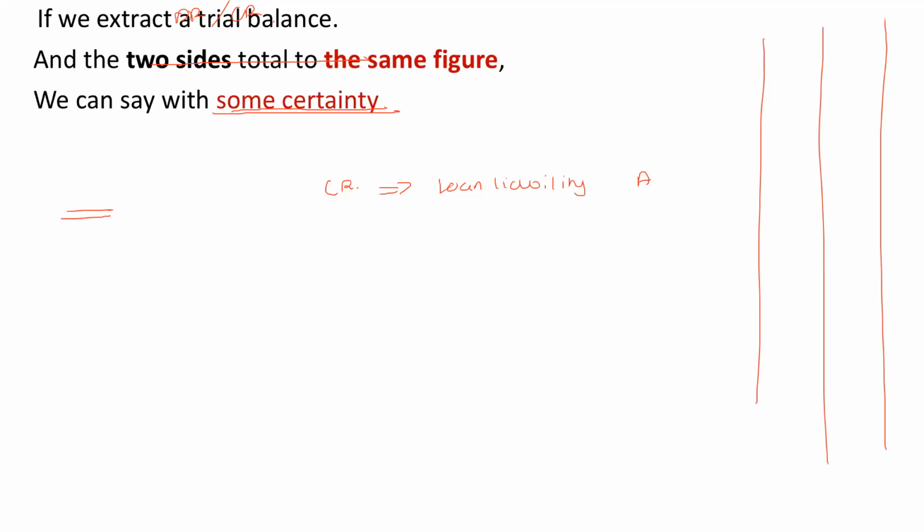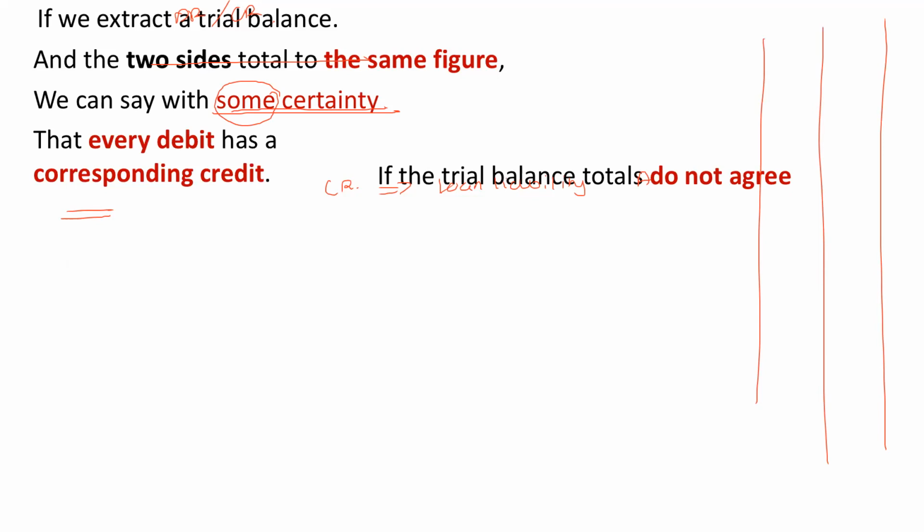That means I can say only with some certainty, not 100% accurate, that every debit has a corresponding credit, and that my trial balance is error-free.